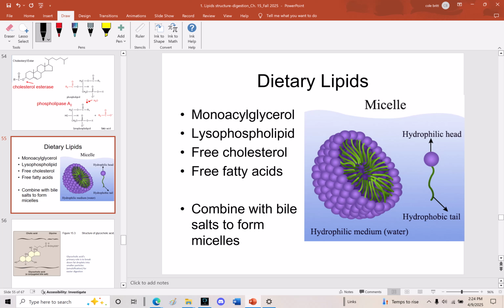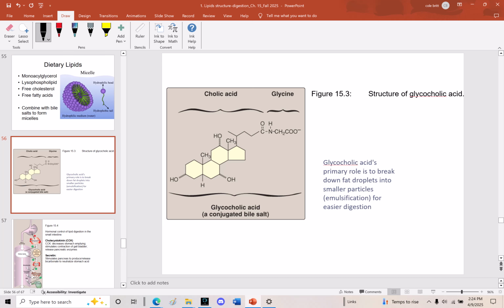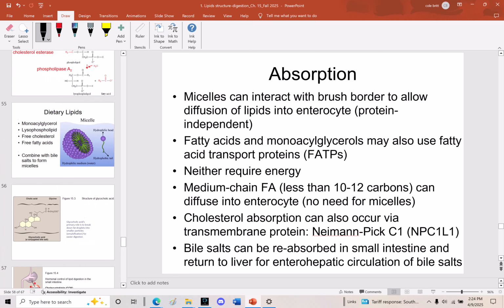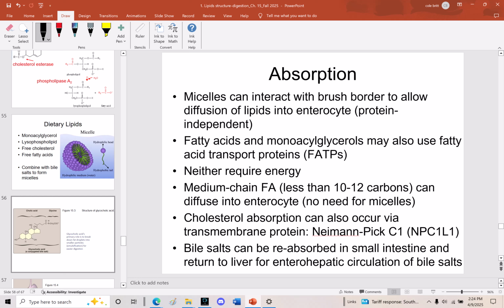So micelles can interact with the brush border. The brush border is your intestinal cells. So, all right, I'll just do it. Here is your lumen. You've just digested something, and here's your intestinal lumen, and so you have all of this digested lipids in your lumen.